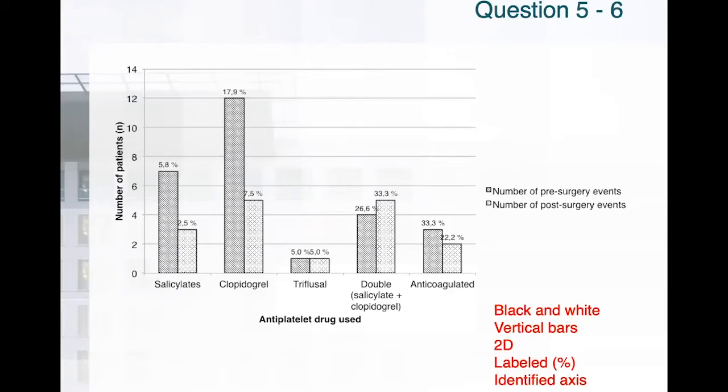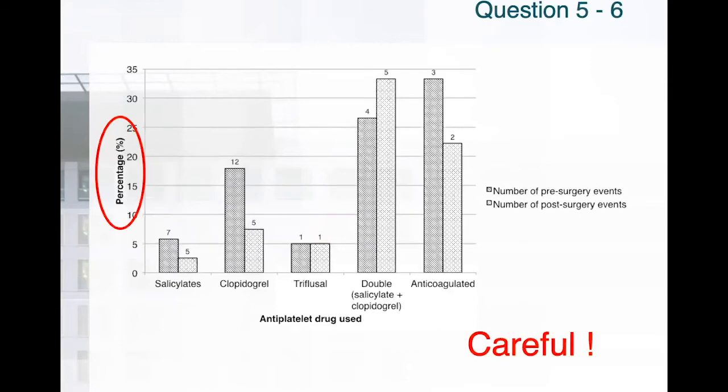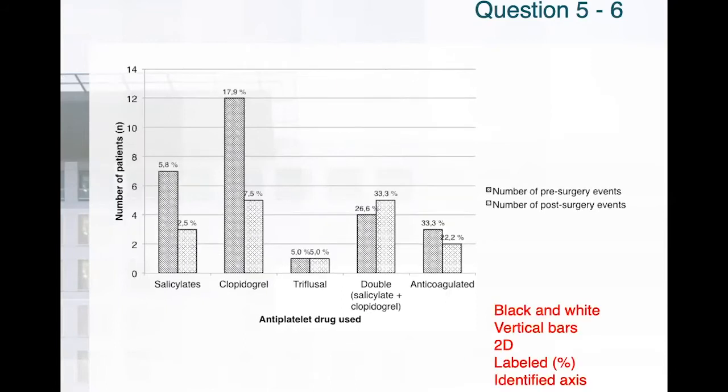You have moment number 1 on the bars on the left and moment number 2 on the bars on the right. But the issue is on the vertical axis: in this graphic we have the number of patients, and in this graphic the percentage. So as you may see, there's a huge difference between the 2 of them.